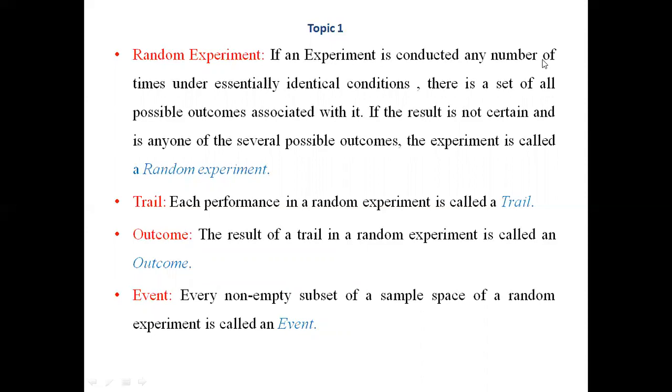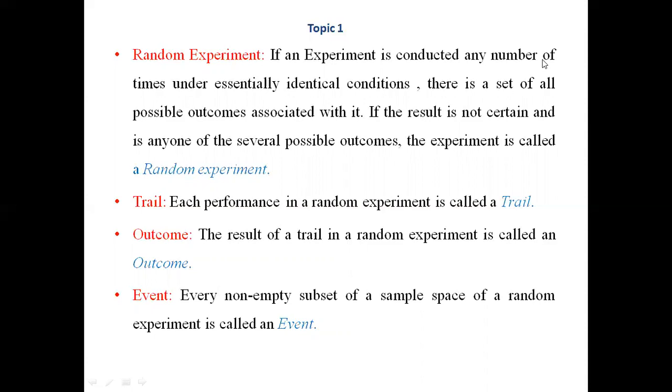In simple words, if we don't know the result beforehand, whatever the process you are doing, that type of process we call a random experiment. For example, I'm tossing a coin. I don't know what I'm going to get, whether it is head or tail. So that type of process we call a random experiment.